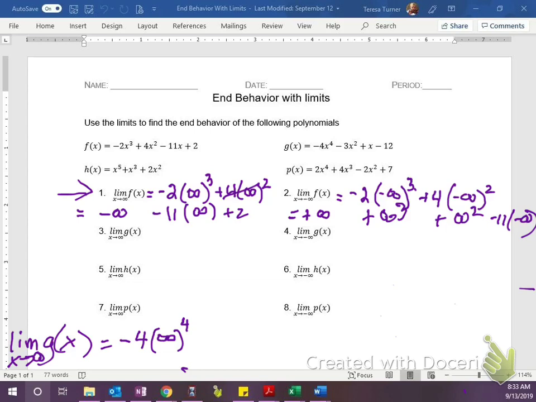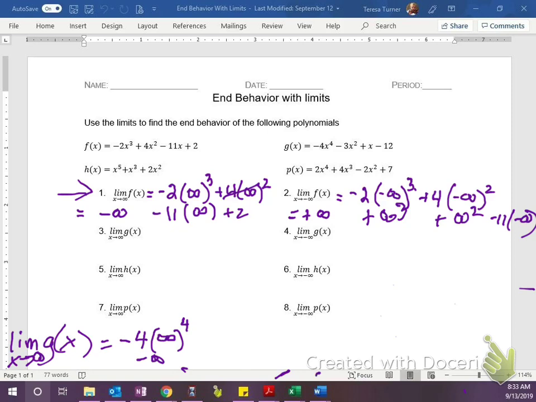That's a really, really big number. But then we're going to multiply it by negative 4, so now it's a really, really small number. It's way negative. We took positive infinity, raised it to the 4th power, and then multiplied it by negative 4. So now we're somewhere very far negative.